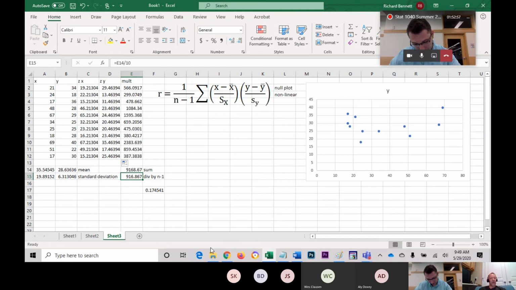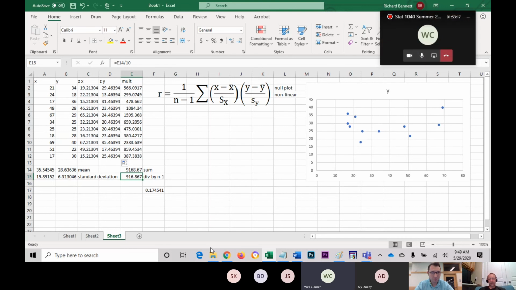So I've got a value, my correlation coefficient is 916.867. Now, can you all recognize immediately why that is wrong? Why is 916 a wrong answer? It's over 1. It's greater than 1, okay?